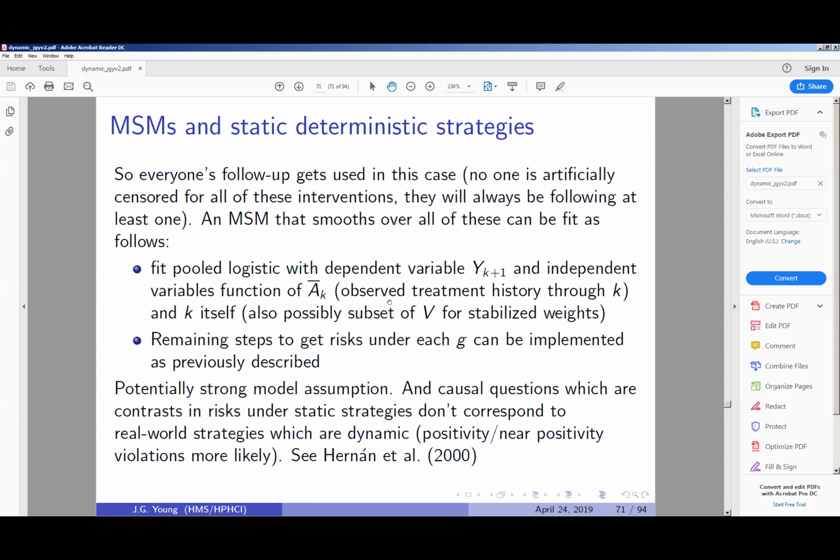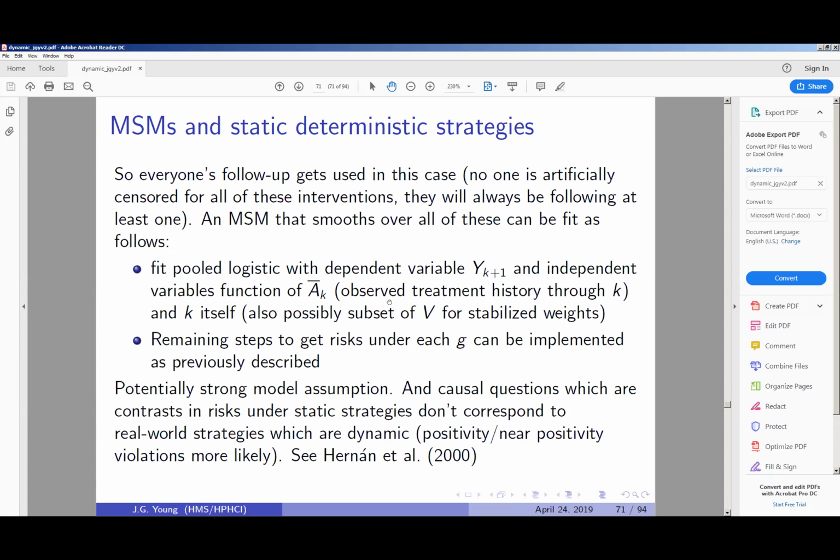So Jessica, the next question is related to the last question. Static treatment strategies: do we also need to make copies for each G in the final weighted dose response model? No, you don't. The idea is that in the case of dynamic strategies, there are going to be some individuals who aren't following any of those strategies.